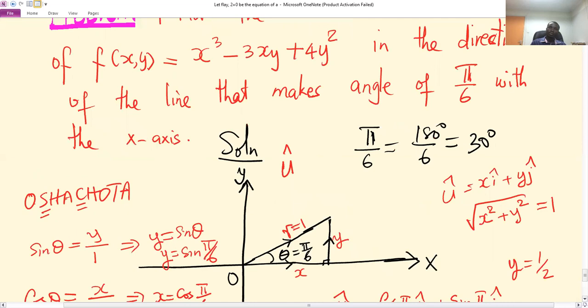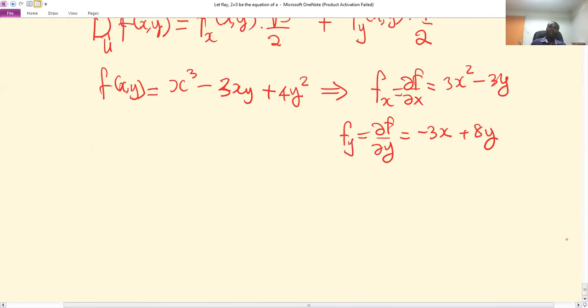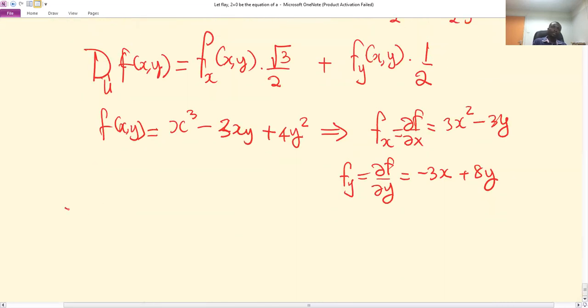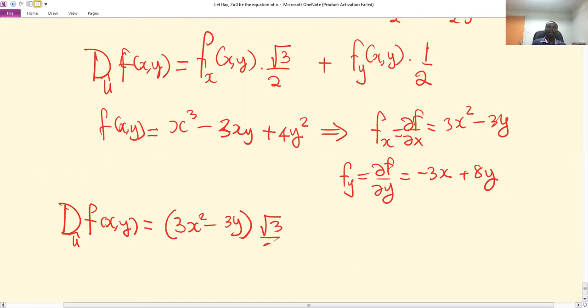So we will have the directional derivative in the direction of the vector u of this function. This f_x will be replaced by 3x squared minus 3y, and we multiply this by root 3 over 2, plus f_y will be replaced by 8y minus 3x, and we multiply by a half.